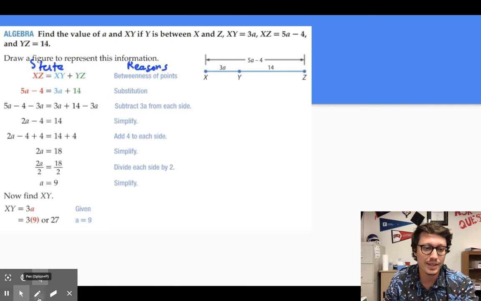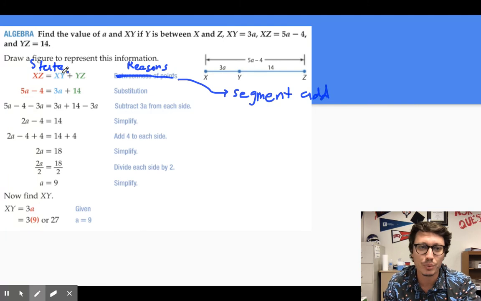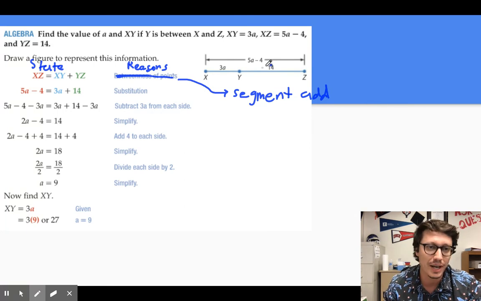This here, ladies and gentlemen, would be an example of, I'm going to write off to the side because I'm really bad at writing, segment addition. We see that we are taking xy, which is a small segment, plus yz, a small segment, and it is equal to xz, which is the large segment. Next, xz is the whole one.